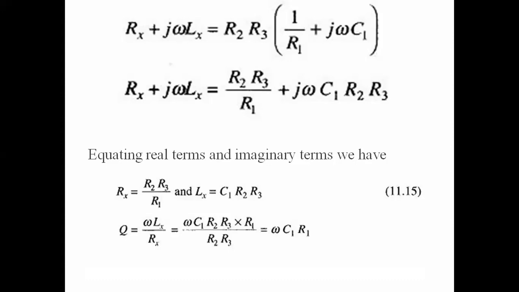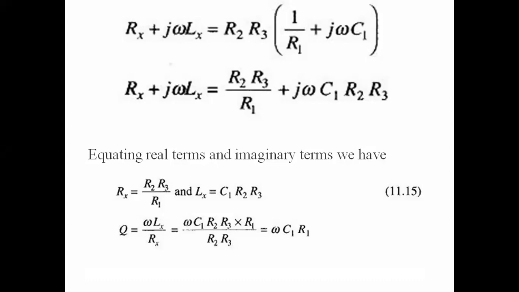Now Q is the quality factor of the coil, and it is represented as omega Lx by Rx. Generally, to represent the quality of the inductor coil, we represent Q in terms of omega into L by R. In this case, the unknown inductor's quality factor is also determined by using these balancing equations.